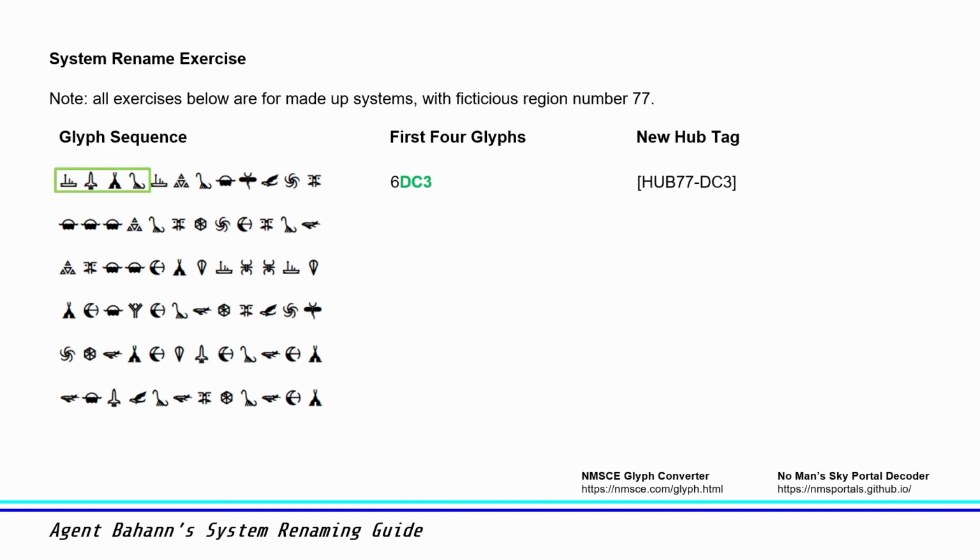So here we have 6DC3. We keep DC3. 000F. We get rid of all those 0s, we only keep the F. F200, we'll keep 200.